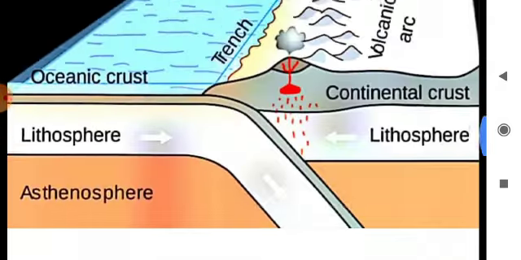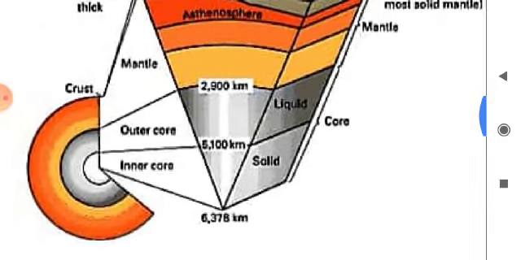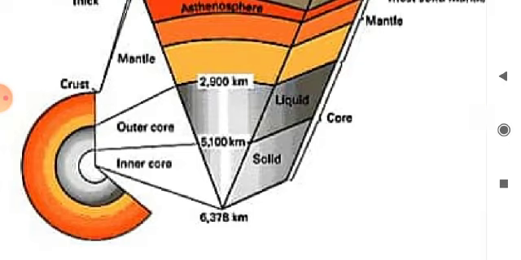Now come to the last layer, that is the core. The innermost portion of the earth lying below the mantle, probably consisting of iron and nickel. It's divided into a liquid outer core which begins at a depth of 2900 kilometers, and the solid inner core which begins at a depth of 5100 kilometers.